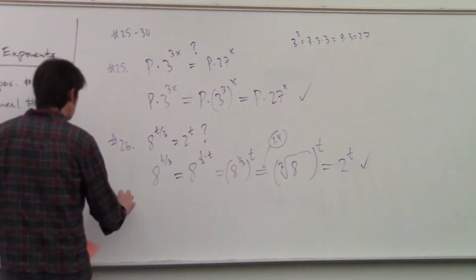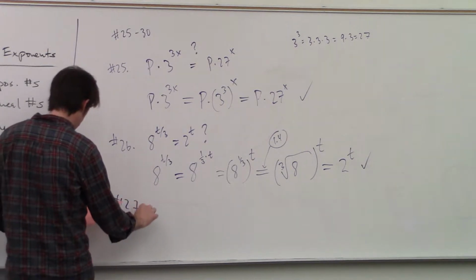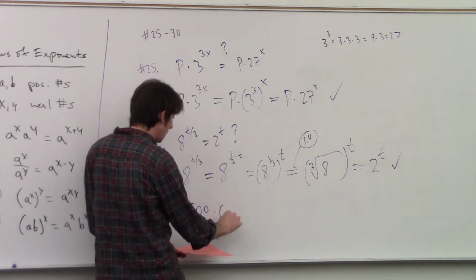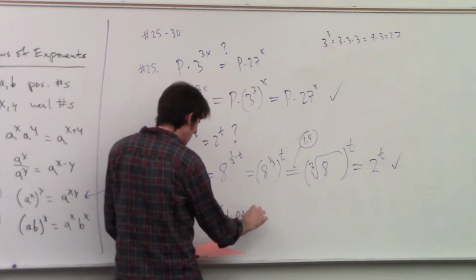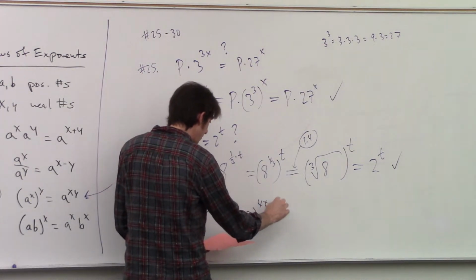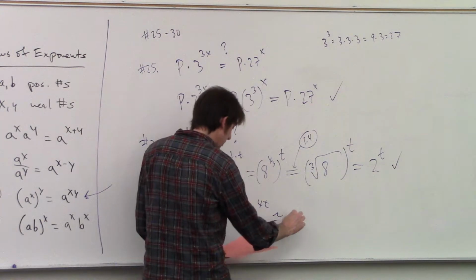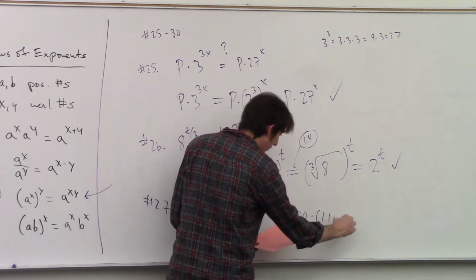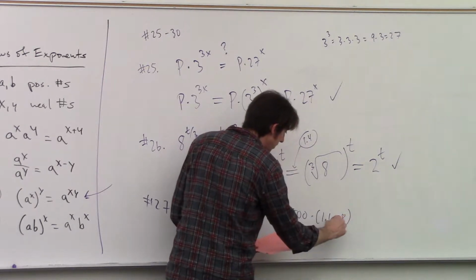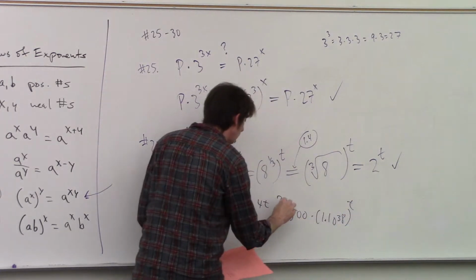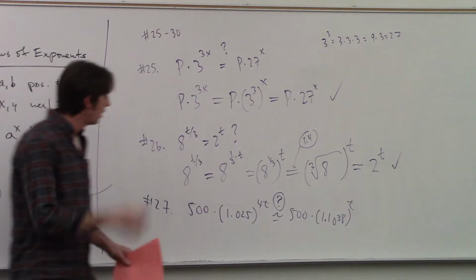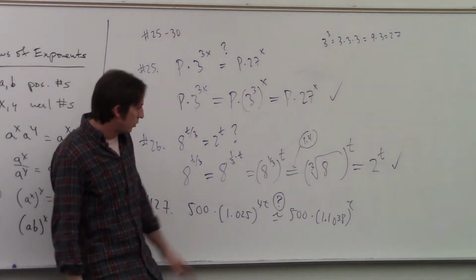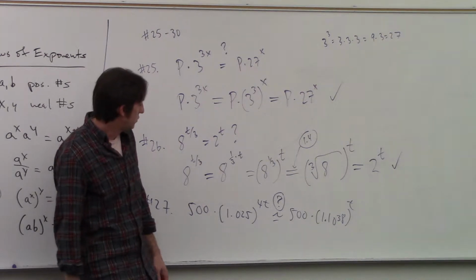For number 27, we're supposed to show that 500 times 1.025 to the 4t is approximately 500 times 1.1038 to the t. Right, we're supposed to check that somehow. And as you can probably guess by now, really this one doesn't have all that much to it.